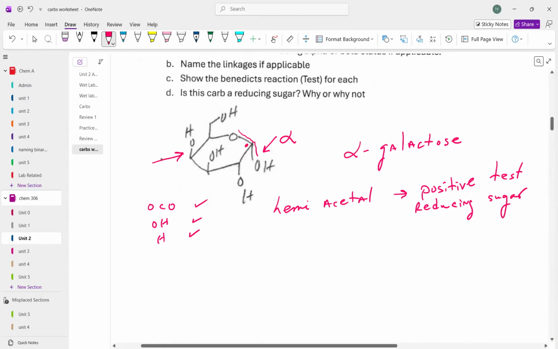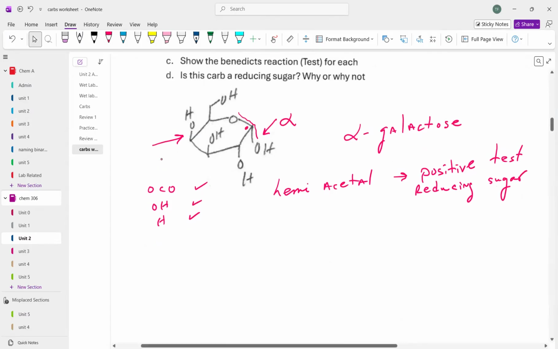Okay, so let's look at the reaction. Step number one is showing the ring opening up.